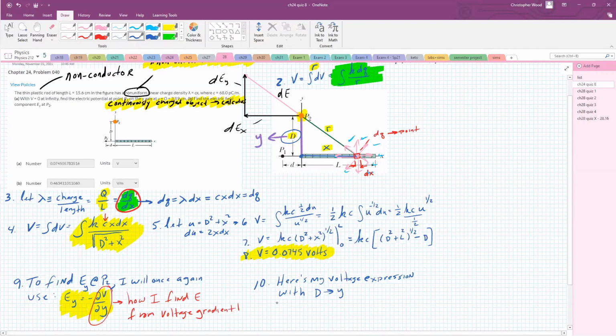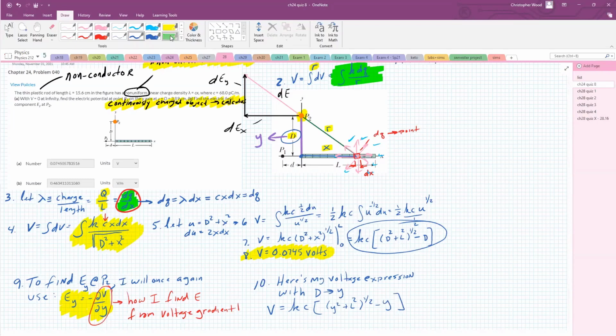Here's my voltage expression: voltage equals K_C bracket, Y squared plus L squared to the 1/2, minus Y.